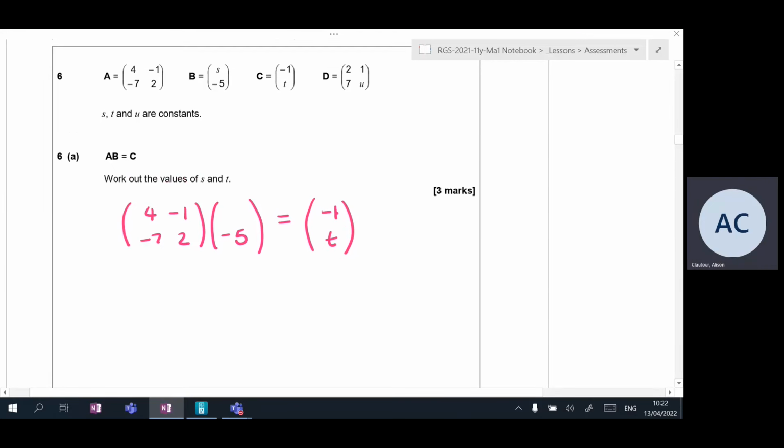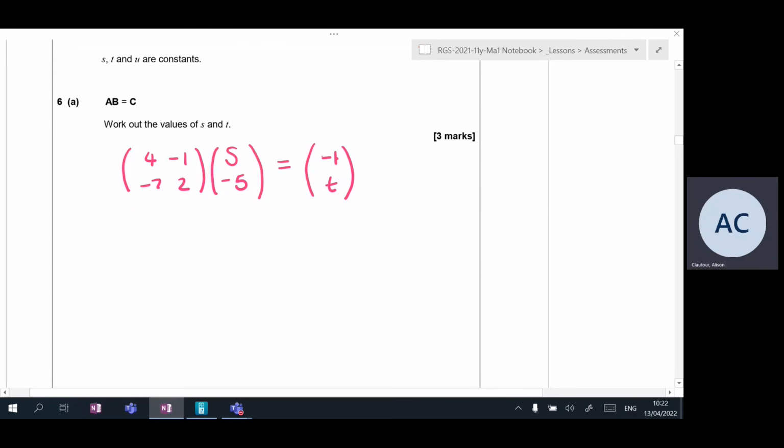That is an S. Let's try that again. So 4S. And then minus 1 times minus 5 is plus 5. So that part was right.